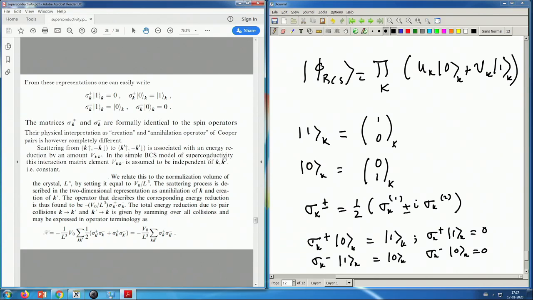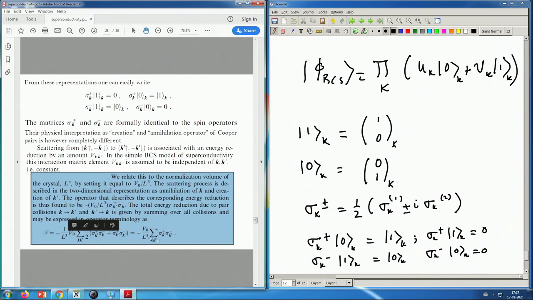Okay, so as I said, the scattering between the k up, minus k down from one particular k paired state, that means k and minus k occupied, to another state which is k' and minus k' occupied, is done via the V_kk'. So, the Hamiltonian should also reflect that, as it did in this Cooper problem as well. All that can be done here using these operators, and this is exactly what this operator does. This operator basically destroys a state.